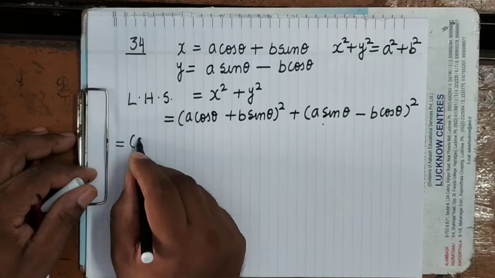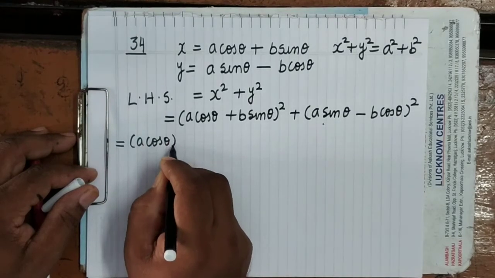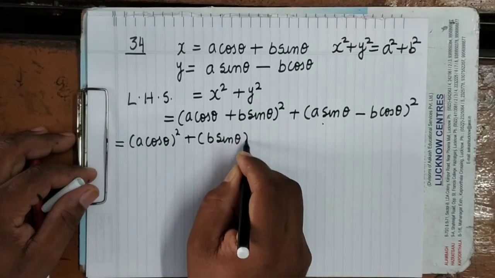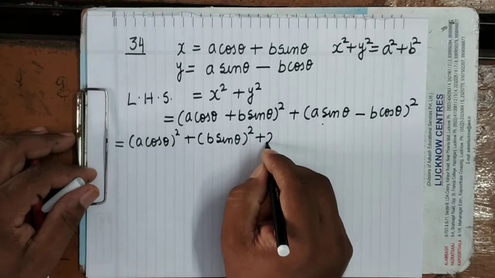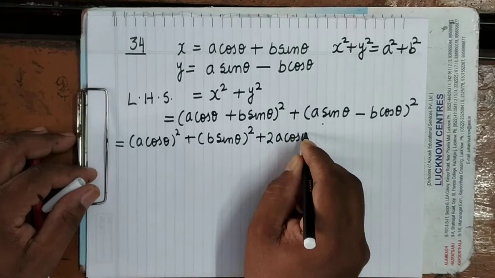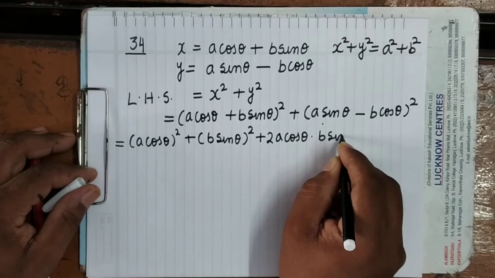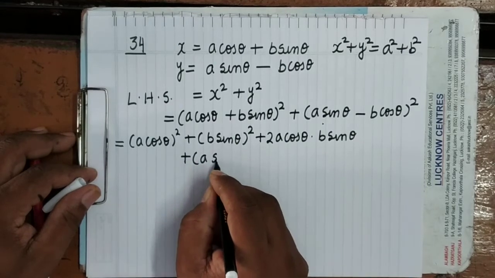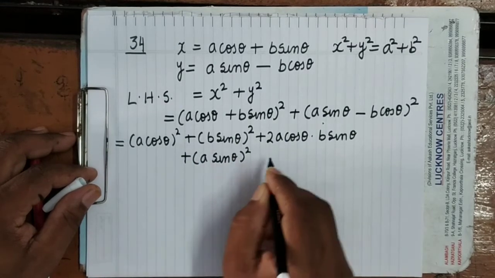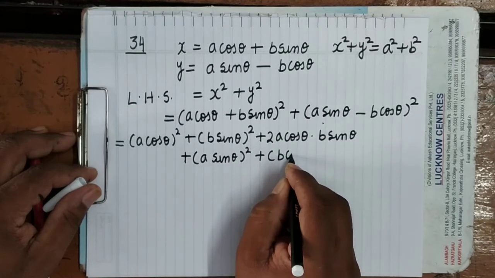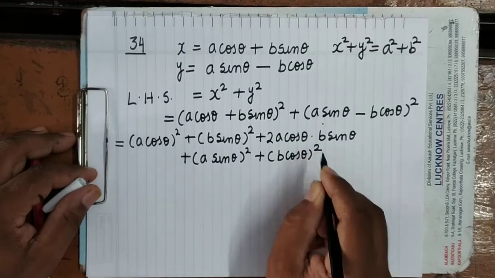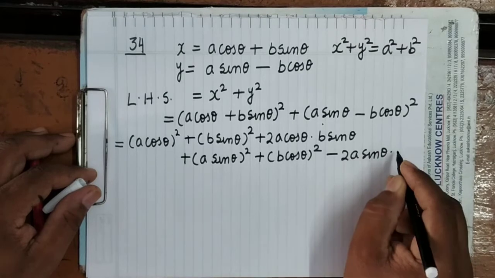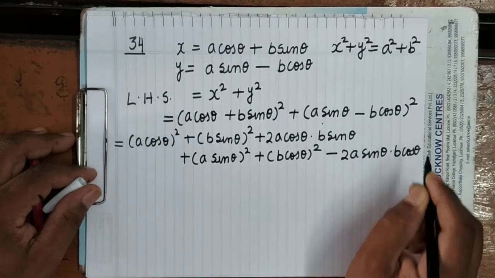So it will be a cos theta whole square plus b sin theta whole square plus 2a cos theta into b sin theta. Then similarly a sin theta whole square plus b cos theta whole square minus 2a sin theta into b cos theta.